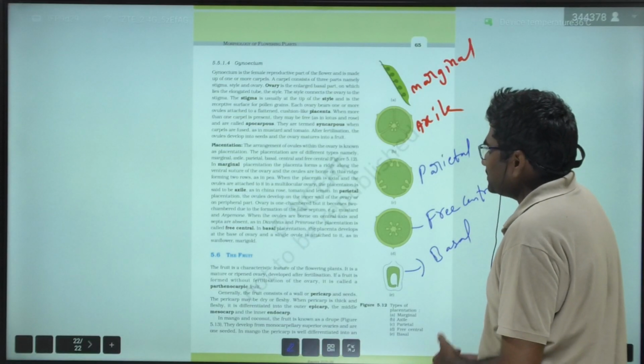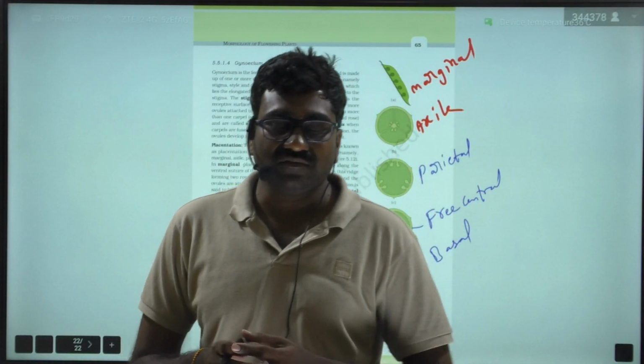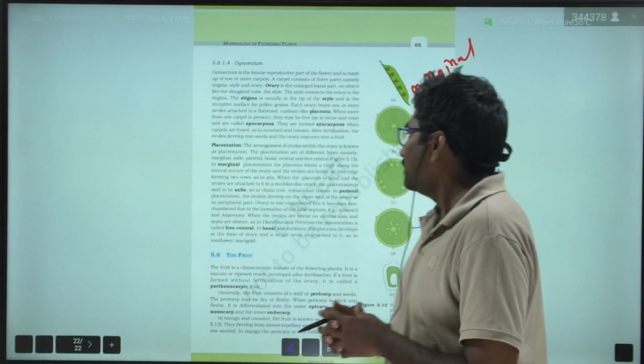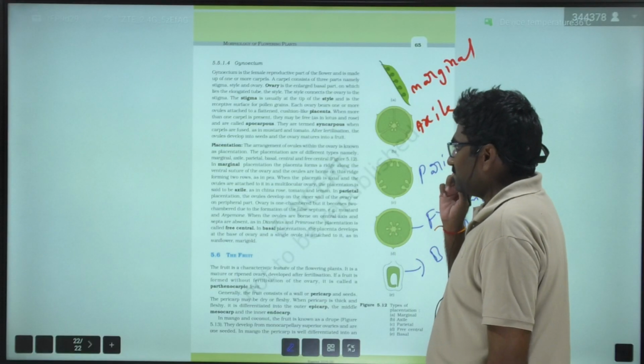So what do you mean by placentation? The arrangement of ovules within the ovary is known as placentation.